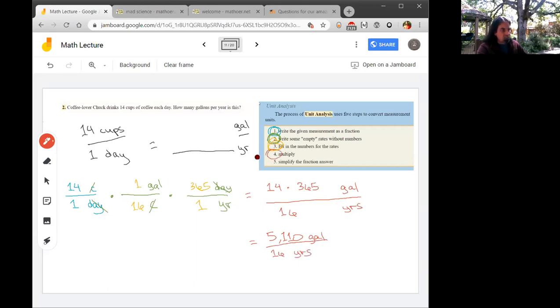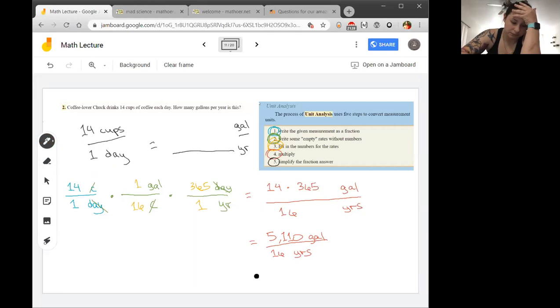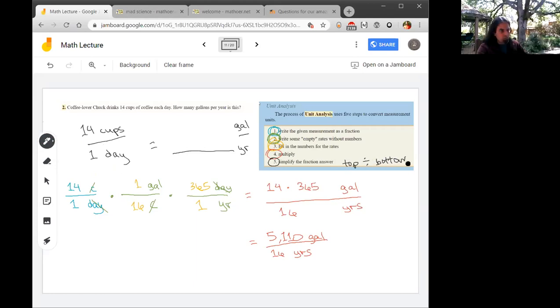That was multiply. And last step: top divided by bottom, and I get about 319 gallons per year.